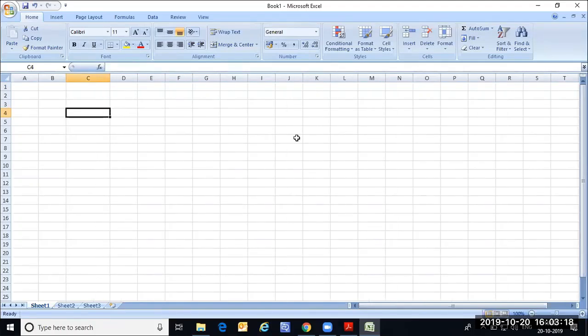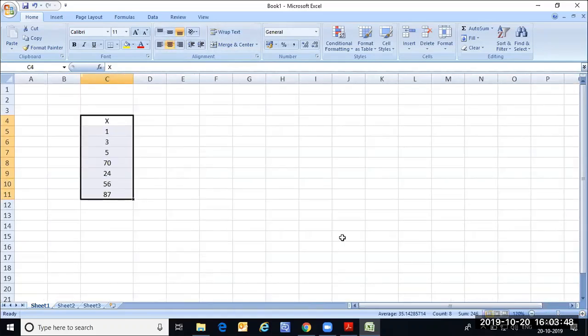Now let's say this is a random variable x, with values like 1, 3, 5, 70, 24, 56, 87. Is it visible, friends?